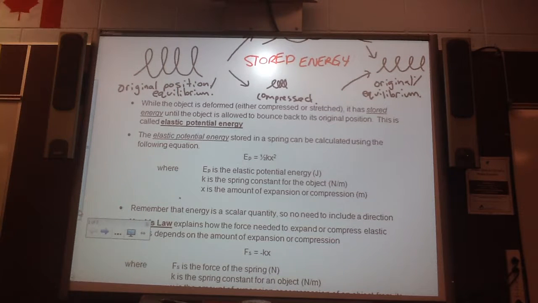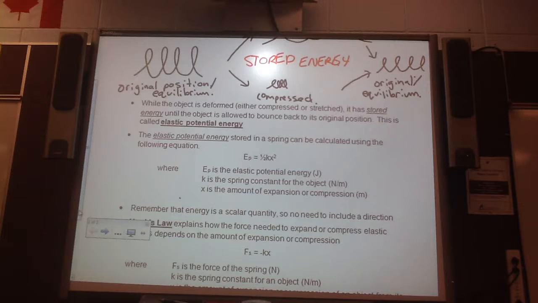If you recall kinetic energy, the formula for kinetic energy is EK equals half mv squared. Well, we can calculate the stored potential energy of an elastic using kind of a similar formula. And we call it EP equals half kx squared.